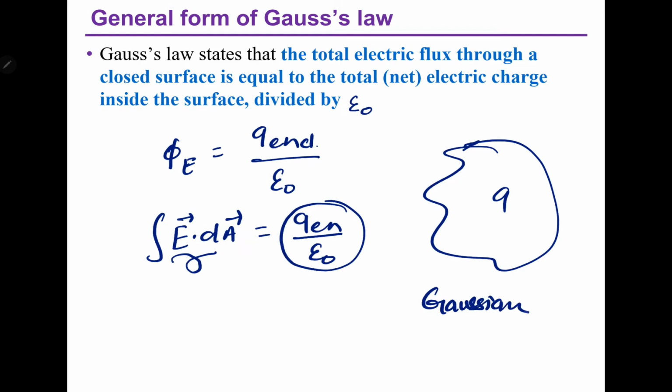This is just an imaginary surface. There is no surface like this around any charge, but you can imagine a surface around that charge. Its shape might be spherical or some other symmetrical shape. If it is symmetrical, it is easier to calculate, right? If it is not symmetrical, it will be very difficult to deal with. So this is Gauss law.